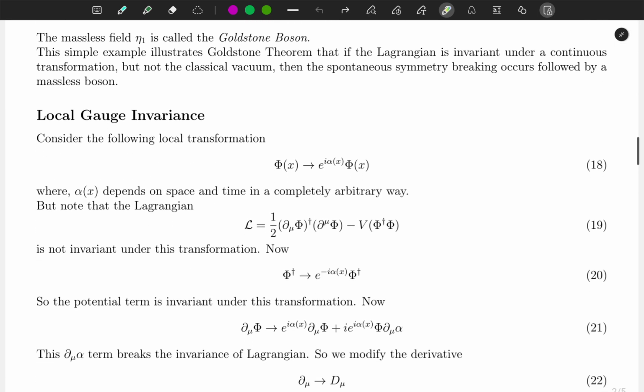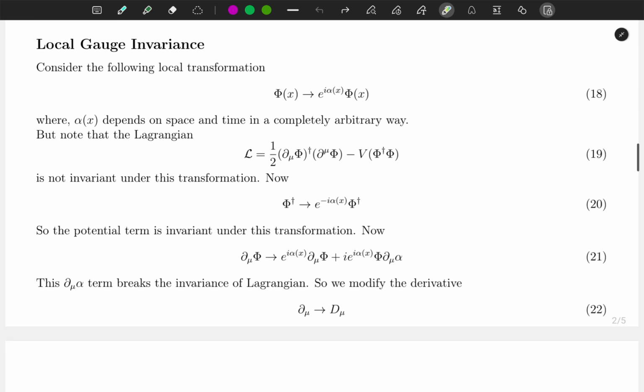Okay, so now we will study another important thing, that is local gauge invariance. Whatever we have said till now was regarding global gauge symmetry or breaking of the global gauge symmetry. Now we will talk about local gauge symmetry. So what is local?